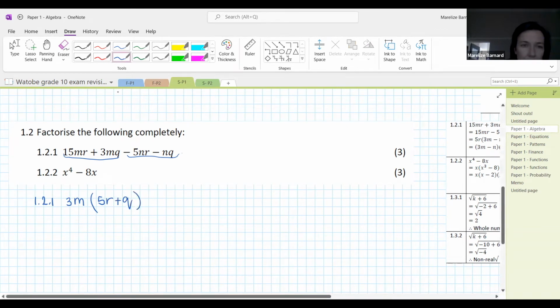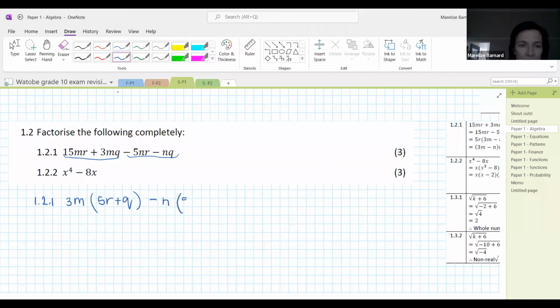And then here we can take out a minus n. And if I take out a minus n, I have a 5r plus q.